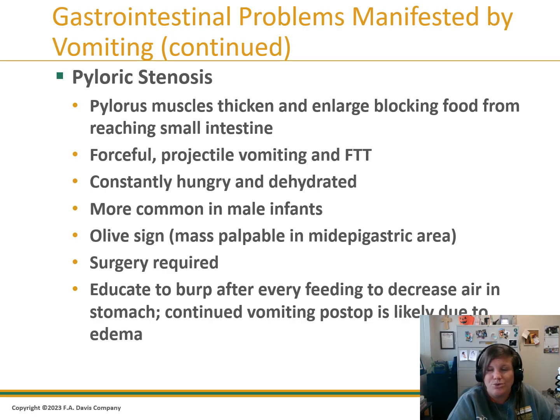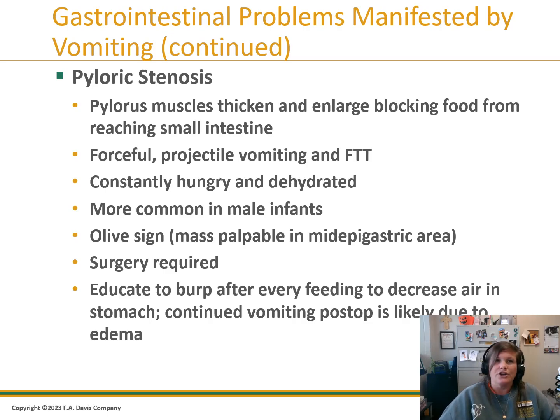I don't know that you will have this in med-surg too, because this is by definition a pediatric, really a newborn condition or complication that is associated with the pylorus muscles, in the digestive tract, becoming thick and enlarged or swollen such that food gets stuck. Okay, it basically is preventing food from reaching the small intestine.